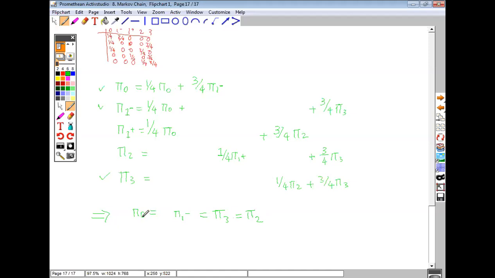So I know that my pi 0 is equal to pi 1 minus is equal to pi 3 is equal to pi 2. Okay, so now let us try to use this equation. And what I can again say is that my pi 1 is, this is 1 plus, right? And this is pi 2. So I know that my pi 2 is also equal to pi 3. So again, what I'm going to get is that this is also equal to pi 1 plus, right?